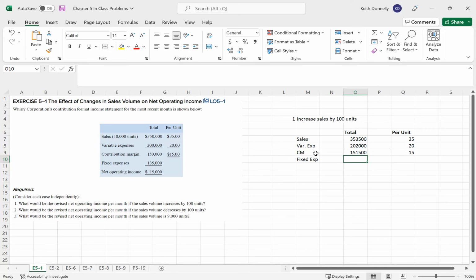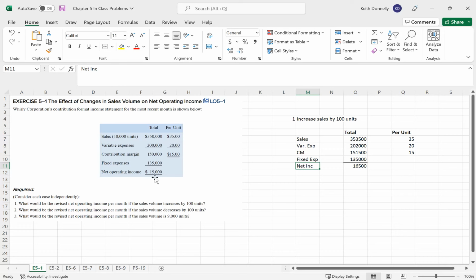So if those are fixed, they're going to remain unchanged. So in this case, it's 135,000. And when we do the 151, our contribution margin, minus the fixed expenses, our net operating income is going to be 16.5.